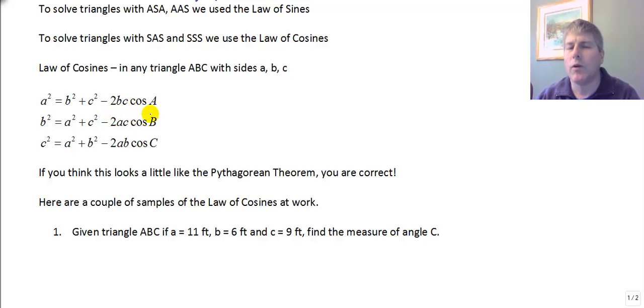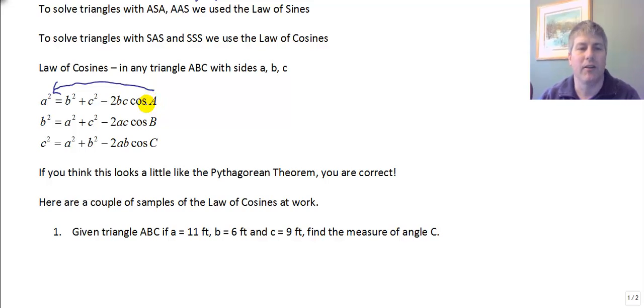How I remember or memorize the law of cosines, if I'm working from angle A, then I know that I'm going to have A squared. Or if I'm working with angle B or side B, then I'm going to use the B version. Or if I'm working with side C or angle C, then I'm going to use the C version.